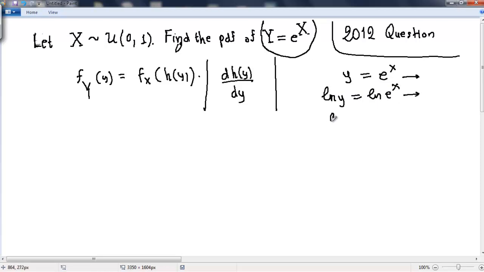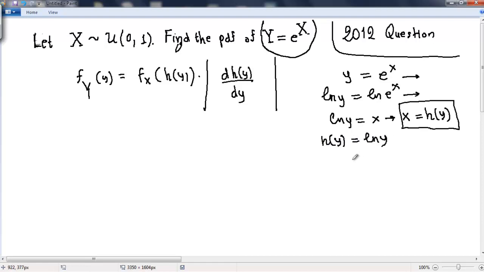So ln of y equals x. So we have x equals h of y. You understand that the function h of y we have here is actually ln of y.